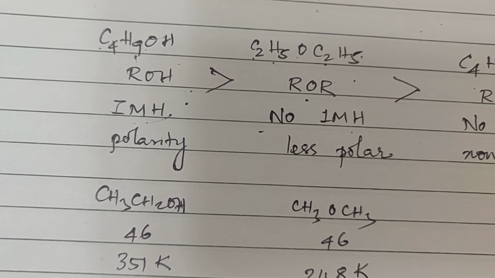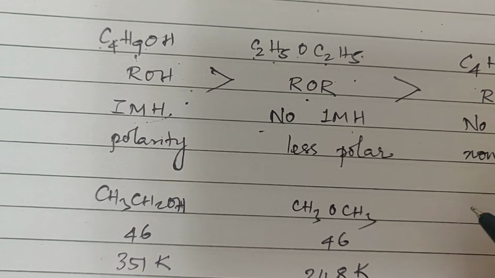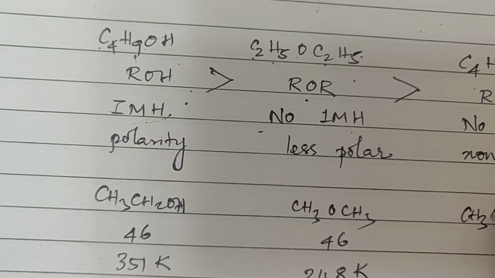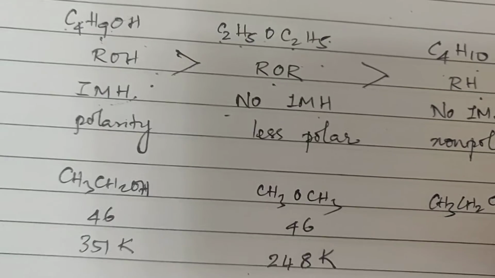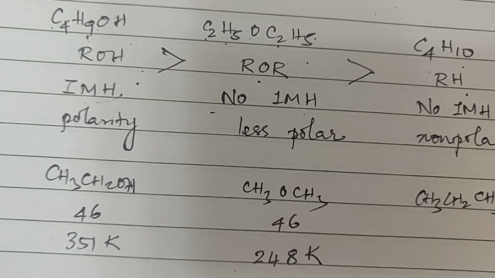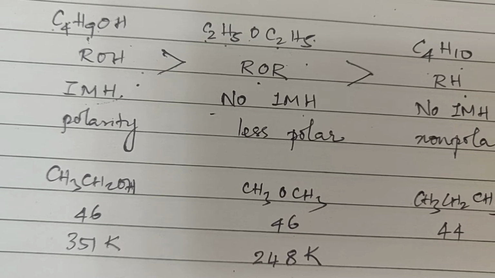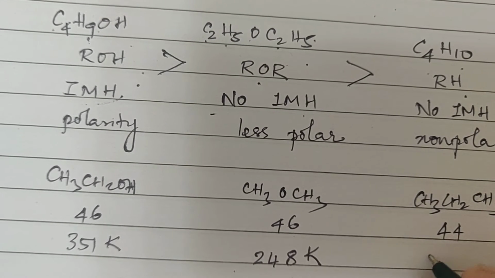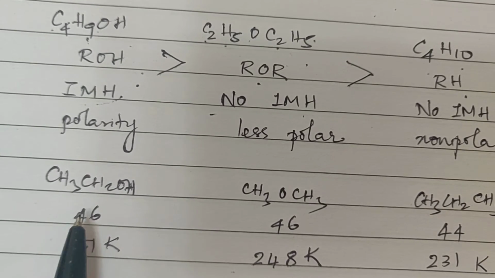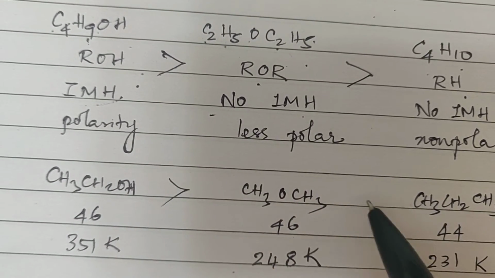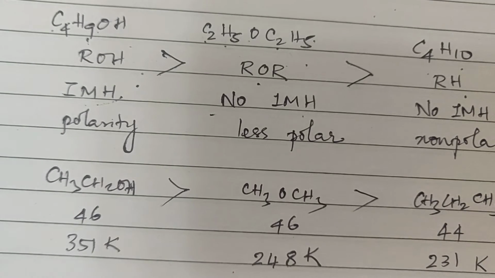Now if you consider a similar molecular mass, propane, CH3CH2CH3, this is having a molecular mass of 44 and the boiling point is only 231 Kelvin. So you find here alcohol much greater than ether, ether much greater than alkane.